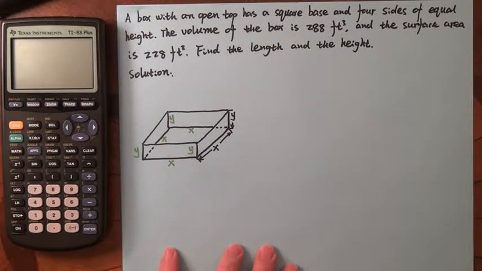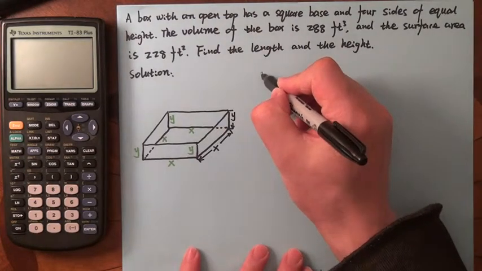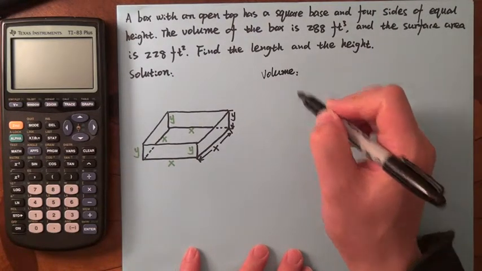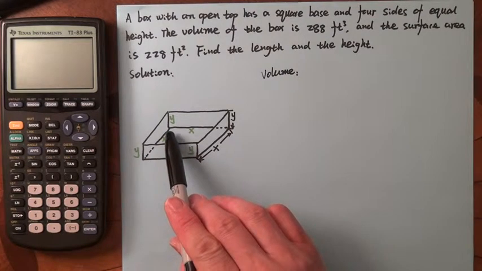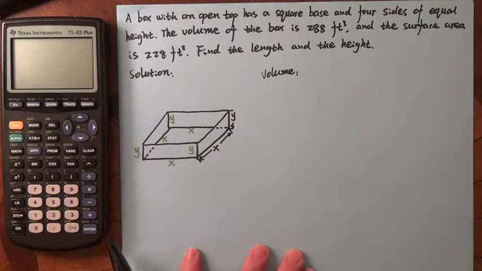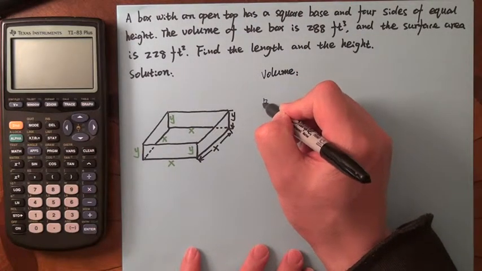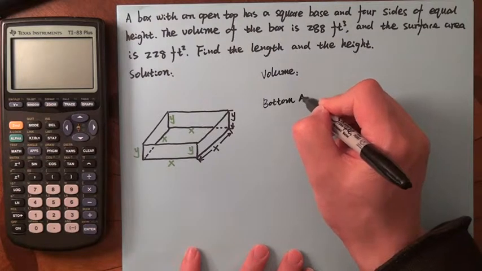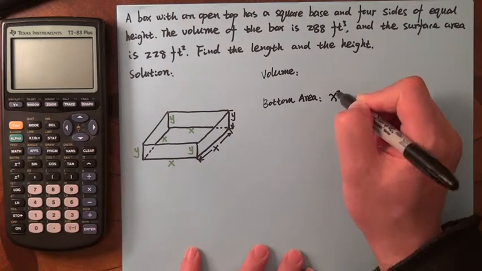Okay, look. How do you find out the volume? The volume is actually the area of this bottom part. Let me write the bottom area is just x times x, which is x squared.